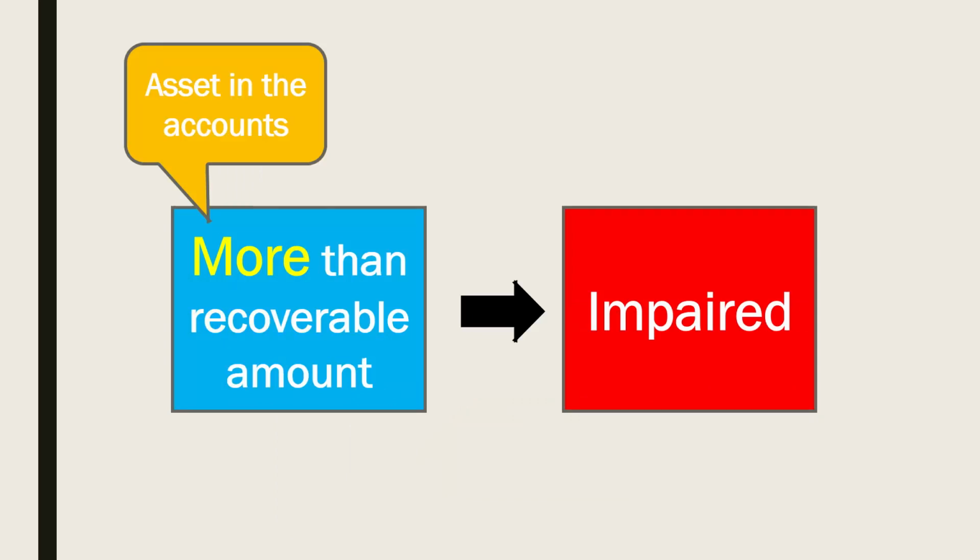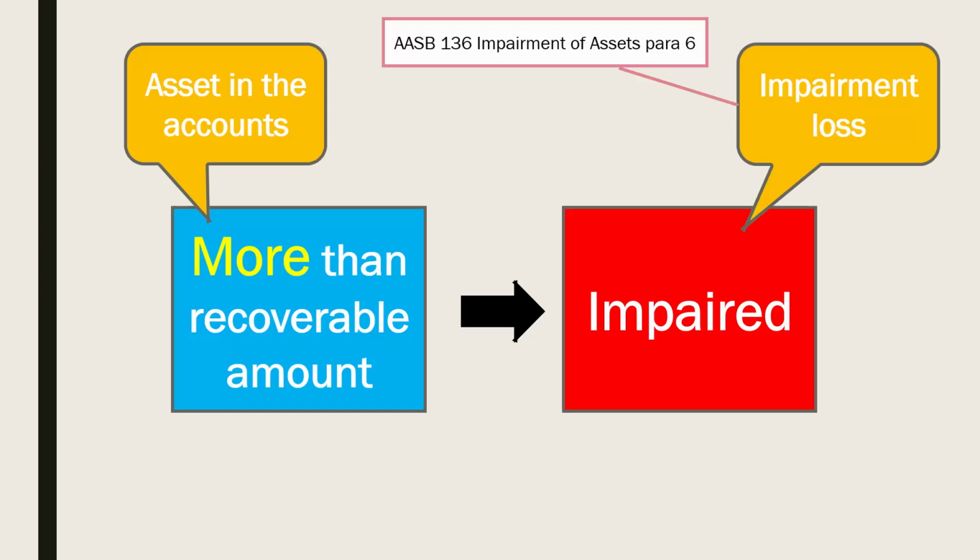If an asset is included in a firm's accounts at more than its recoverable amount, the asset is described as impaired. And AASB 136 para 6 requires our firm to recognise an impairment loss.